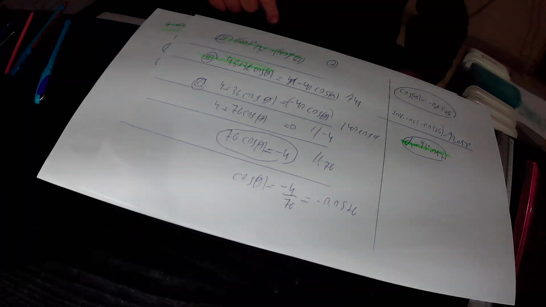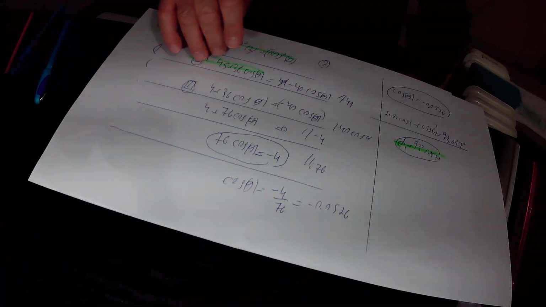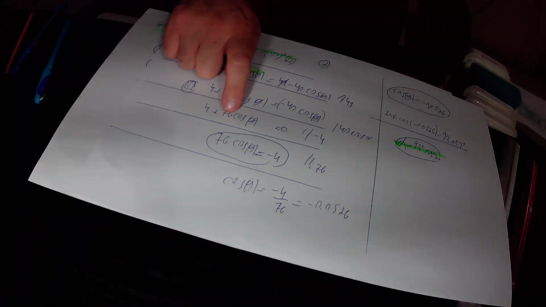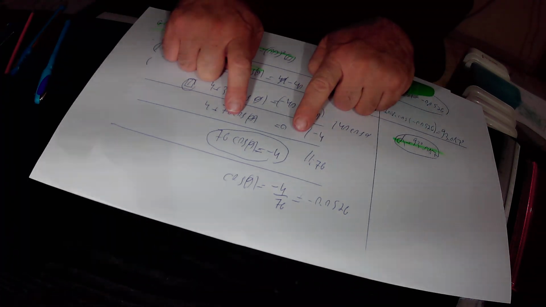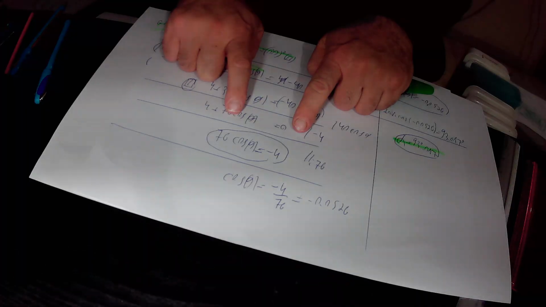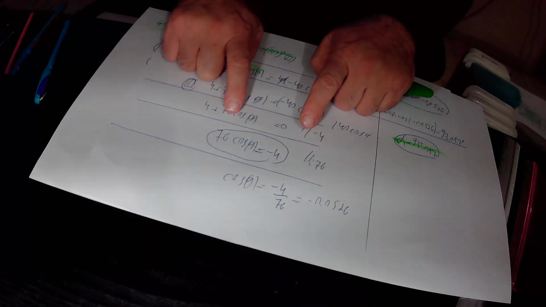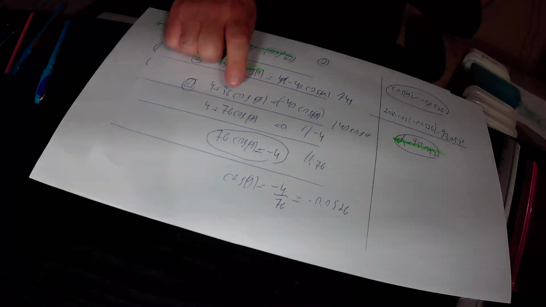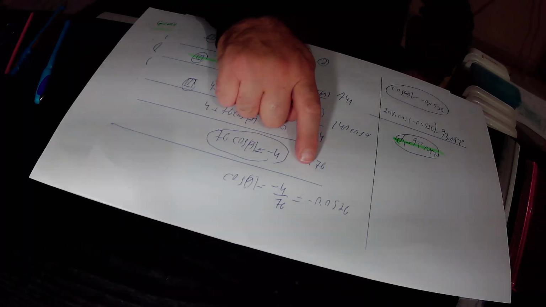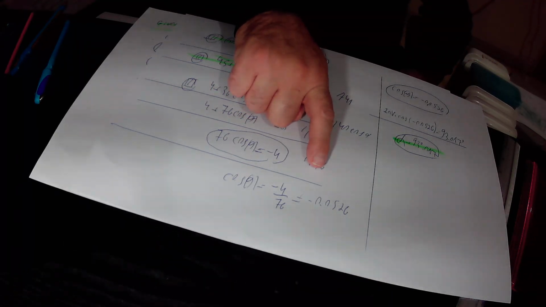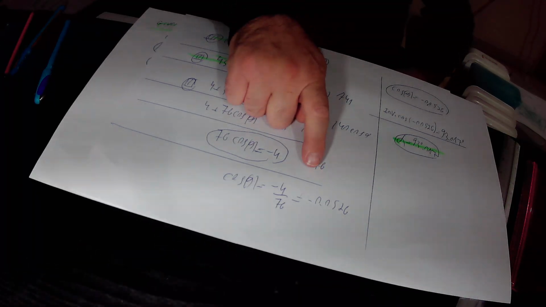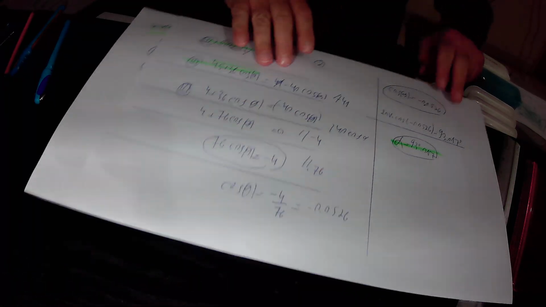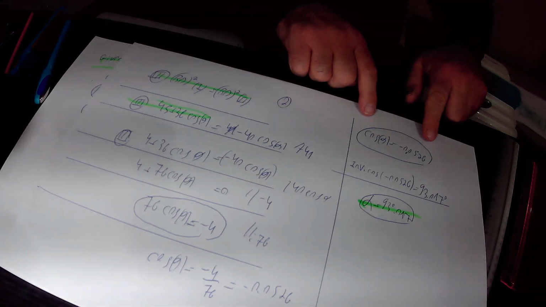Here we subtract 4 from this equation, and we find that 76 cosine alpha equals minus 4. So we divide this equation by 76, and find that cosine alpha equals minus 4 over 76. 4 over 76 is 0.0526, so in total we found that cosine alpha equals minus 0.0526.